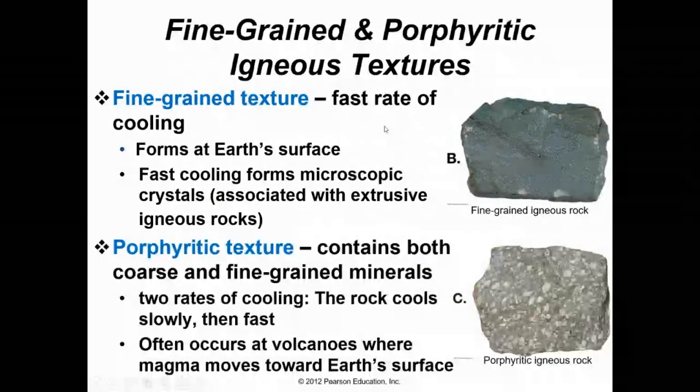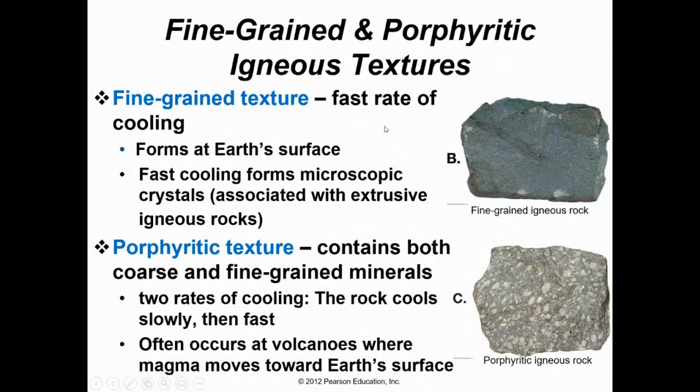Fine grain mineral texture is a fast rate of cooling, and those form at or very close to Earth's surface, where the rate of cooling is quick, and as a result of that very quick rate of cooling, those minerals don't have much time at all to grow in size. So they pretty much go from molten to solid very quickly and don't ever get the opportunity to grow.